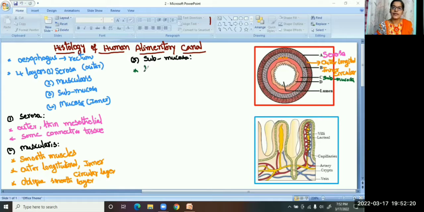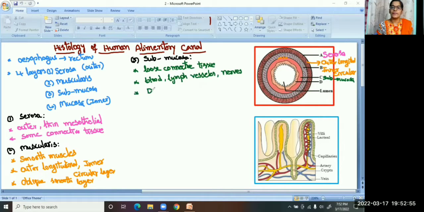It has loose connective tissue, and this connective tissue has blood vessels and lymph vessels, and some nerves are also present.